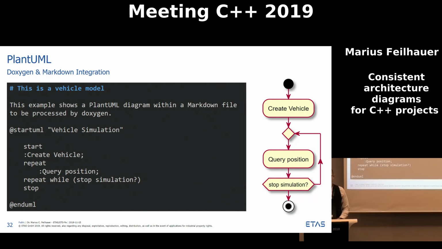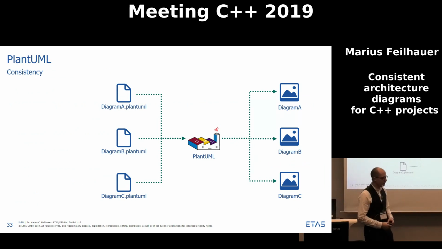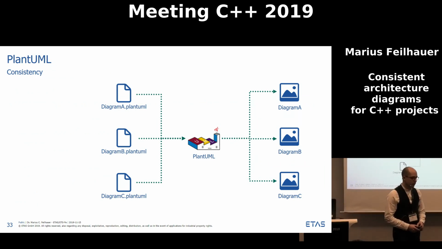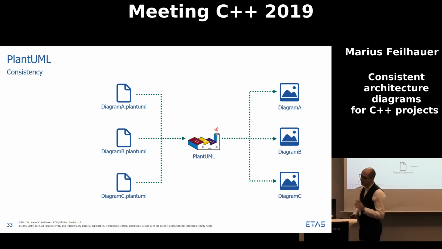Yeah. So one more word about consistency. Although we now have the possibility of storing our diagrams within our source code repository, there are cases where we might use, for example, a class in one diagram and in another diagram, and then we again have the issue of keeping those instances up to date. So there's a little possibility within this tooling of achieving consistency.